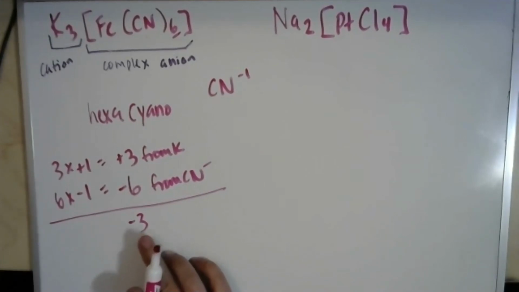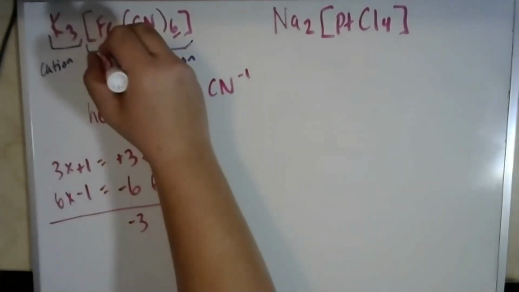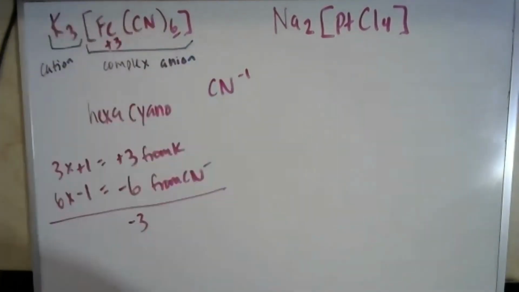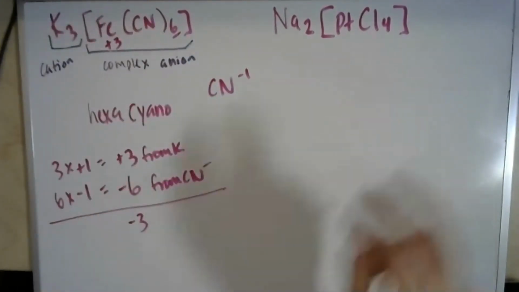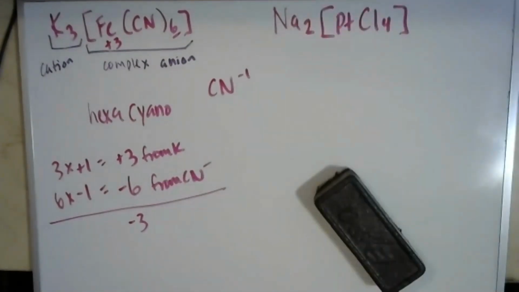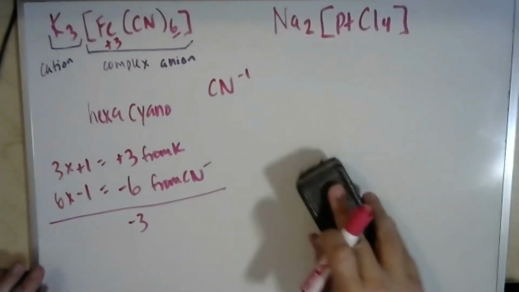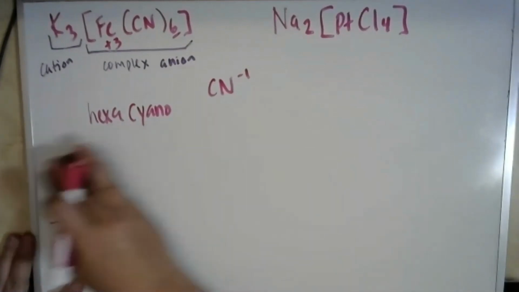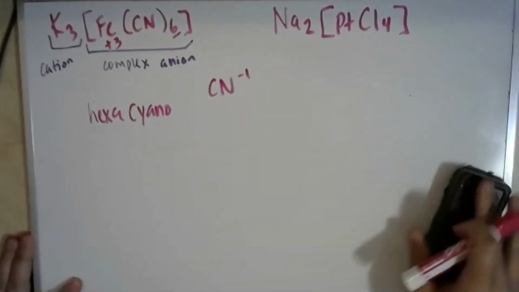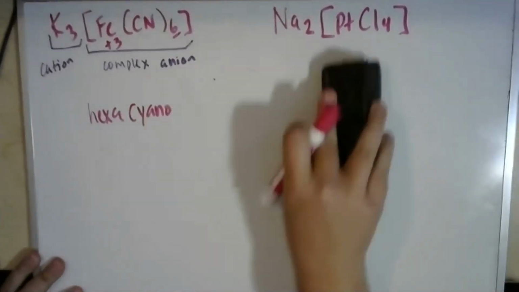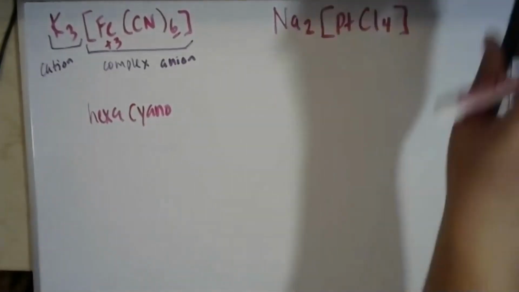That means that the charge on my iron is going to have to be positive 3 in order to make my compound neutral. Now the names for some of the metals change when we are working with complex anions instead of cations, which we talked about.